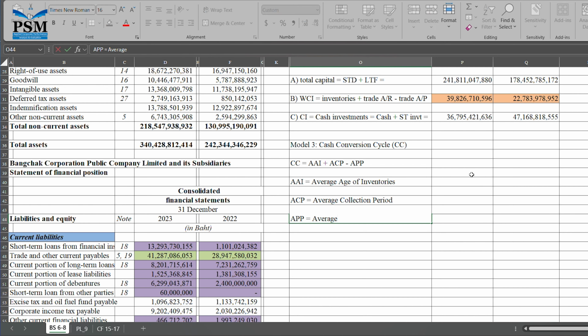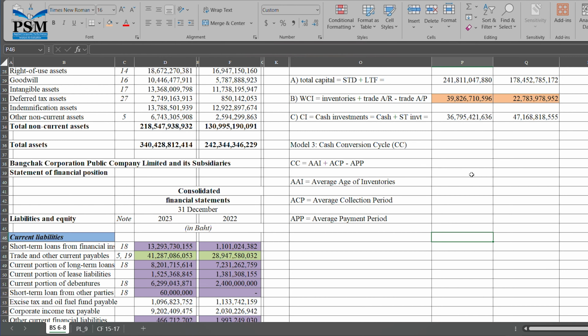A again for average. APP stands for average payment period, which is a measure of the number of days or time it takes the company to pay its suppliers.